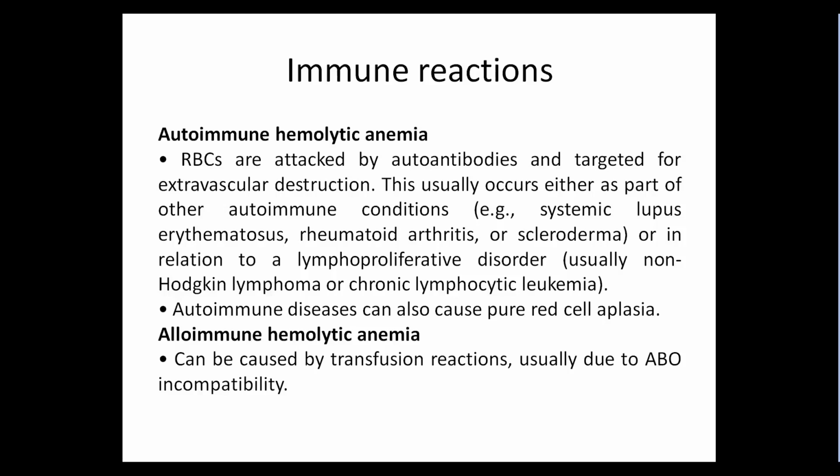Autoimmune hemolytic anemia. Red blood cells are attacked by antibodies and targeted for extravascular destruction. This usually occurs either as part of other autoimmune conditions, systemic lupus erythematosus, rheumatoid arthritis, or scleroderma, or in relation to lymphoproliferative disorders, usually non-Hodgkin lymphoma or chronic lymphocytic leukemia.